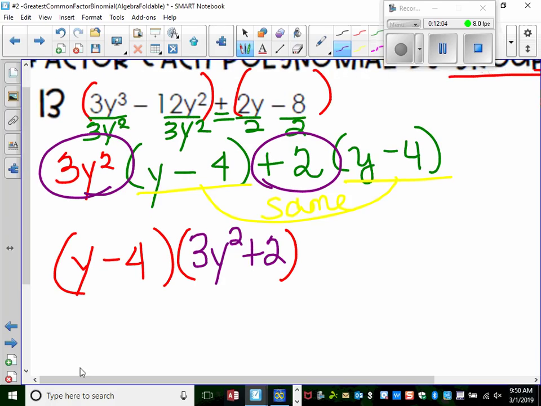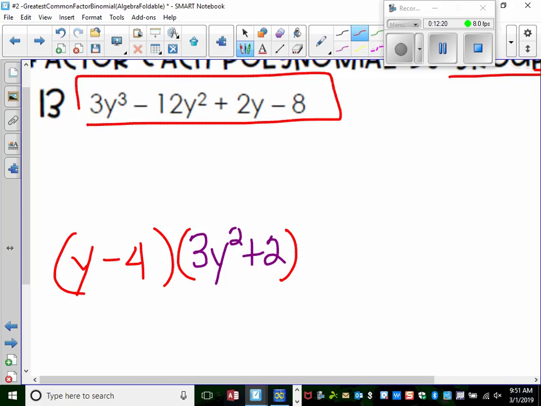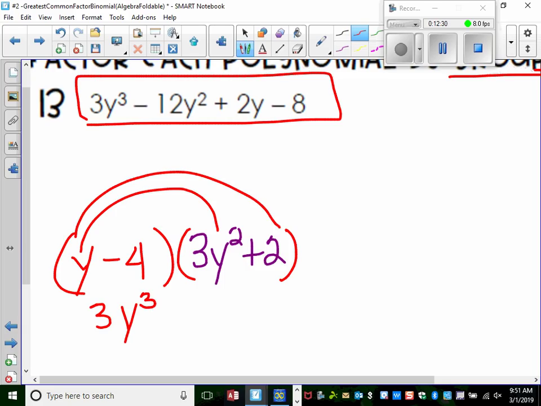So let's actually do it. You can see what we have actually come up with are the factors for this problem. So I'm going to erase this. I want you to see that these are factors for this problem. That means this is the product. So I'm going to multiply by distributing. 3y squared times y is 3y to the third. This is plus 2y.